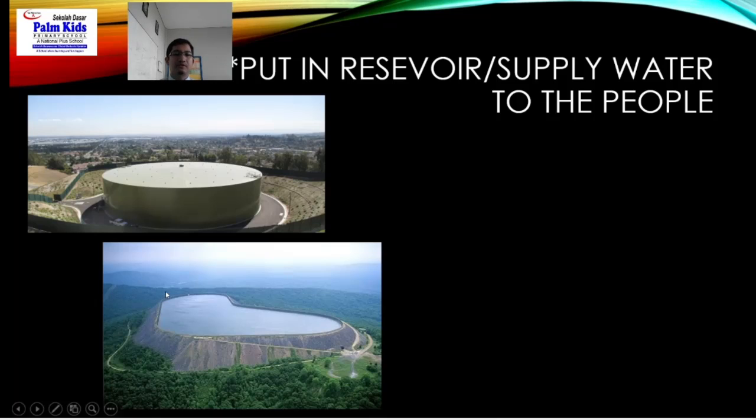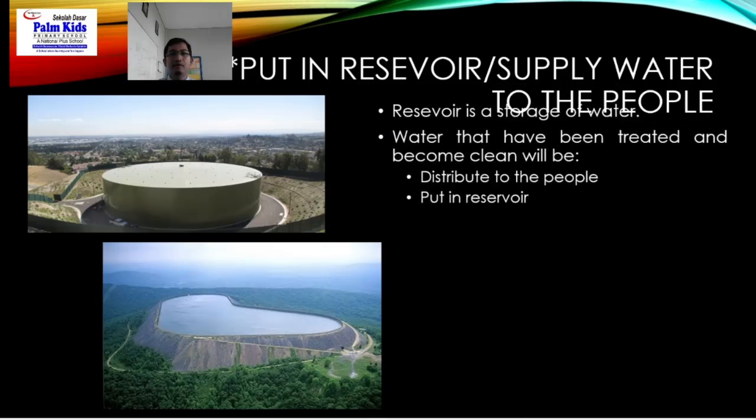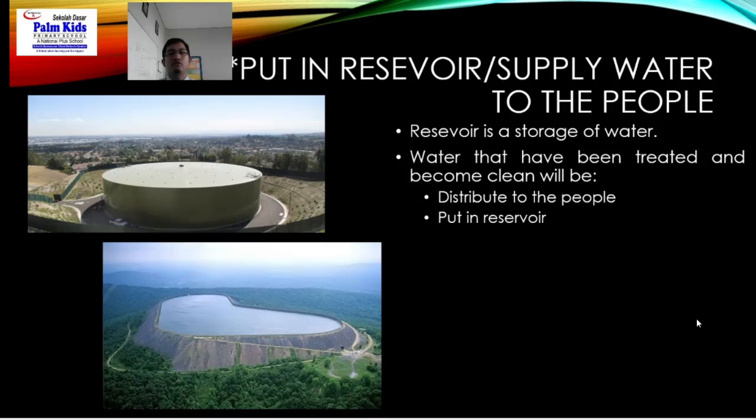But in the outdoor reservoir, the water is put outside the tank and it's usually located in a natural habitat, so that the air around it is clean and the water is not going to be polluted by other things.